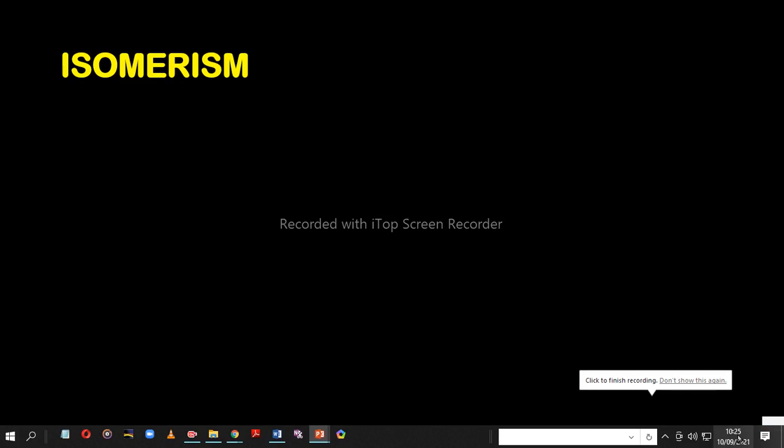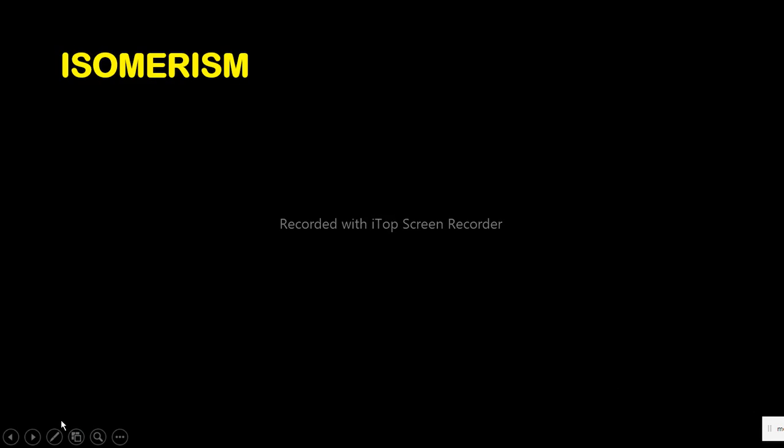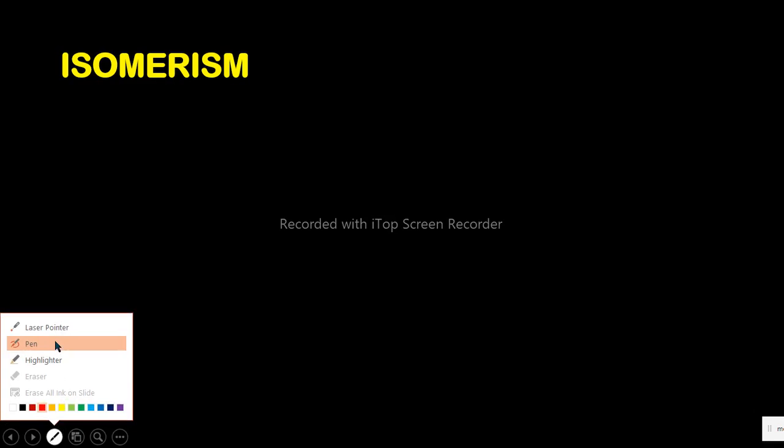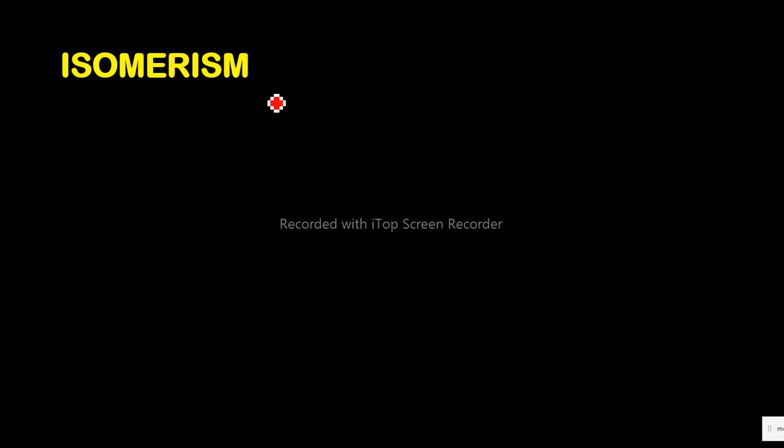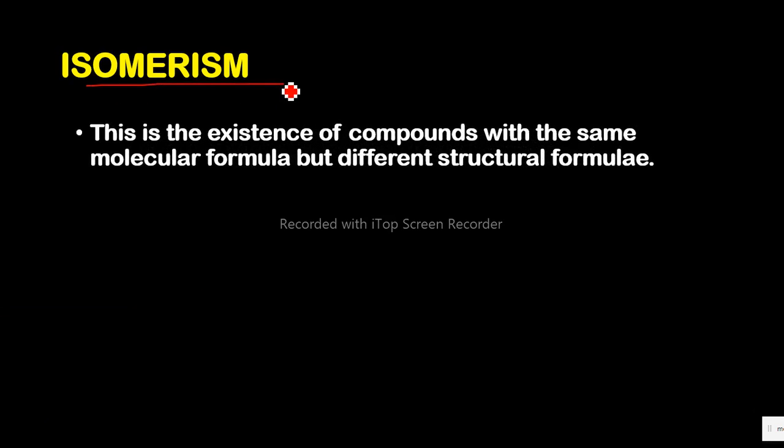Isomerism, I know you have some hint as far as O-level chemistry is concerned, and this is simply the existence of compounds with the same molecular formula, but those compounds have different structural arrangement of atoms, or they have different structure formulae in simple terms.